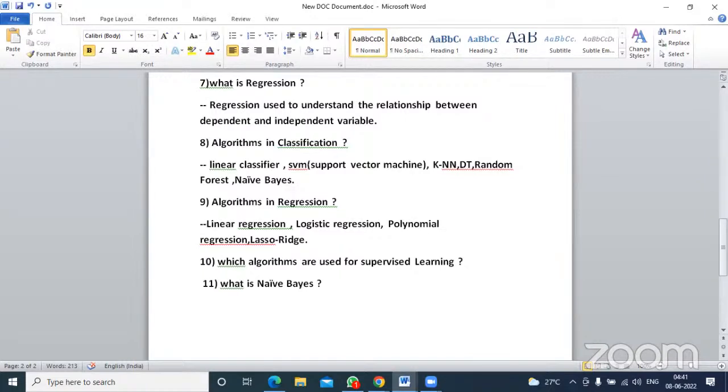Yeah, we can add black box technique to that. Classification, ensemble.